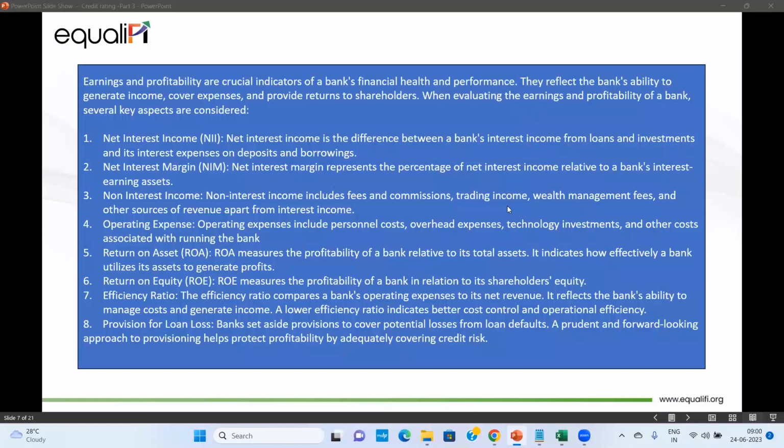But that is the procedure which banks or NBFCs follow. They check the closing loan amount, the closing AUM, the closing total principal outstanding, and they calculate the margin based on the closing one, not on the average. I hope I answered your question.